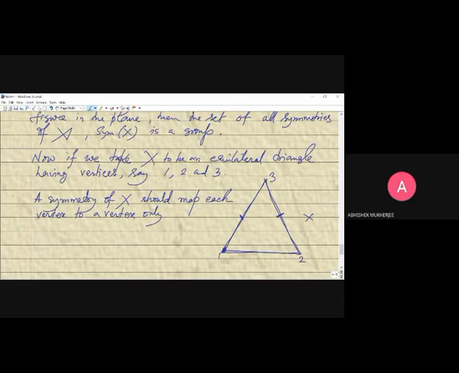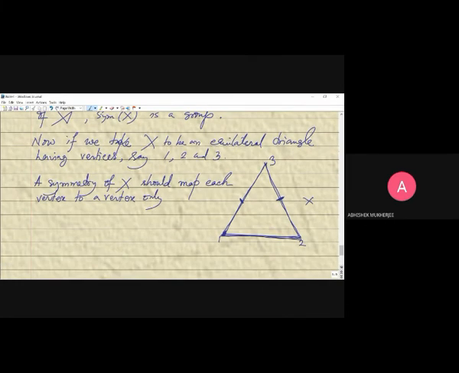Then the distance between this point and this point will not be equal to the distance between 1 and 2, right? So therefore, any symmetry will map each vertex to a vertex only.